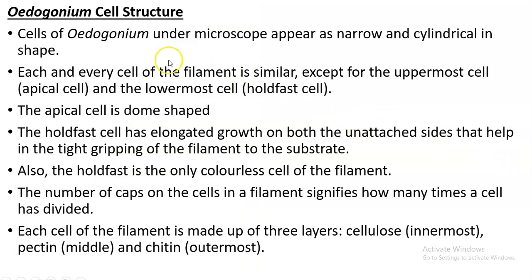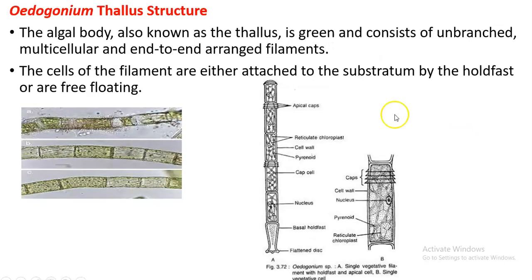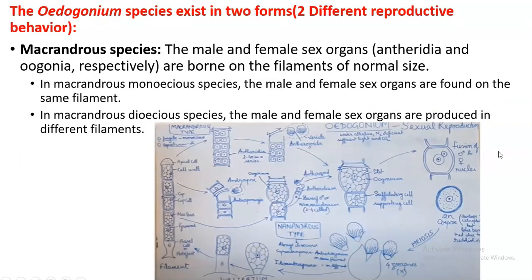Now Oedogonium cell structure, we have already discussed all of these elements. You can read it. I have given this just for your note making. Then thallus structure, we have already discussed the apical caps, cell wall, pyrenoid, everything. You can read and write this. Then coming to the two species or two broad categories of Oedogonium, because they perform two different reproductive behaviors, that's why we are classifying it into two species broadly.